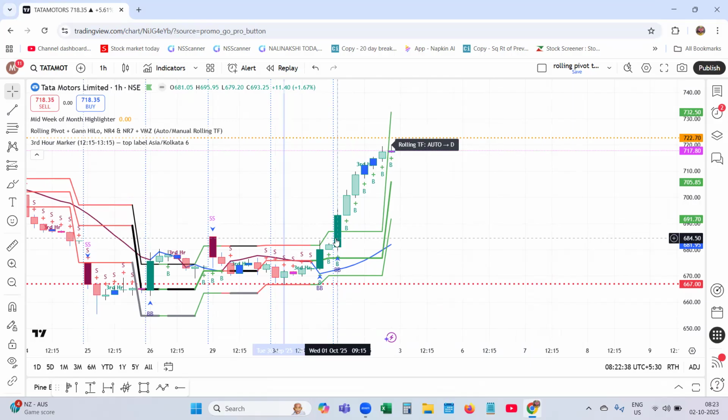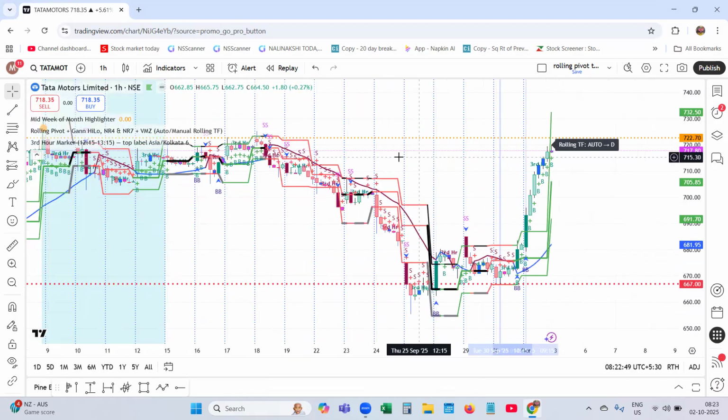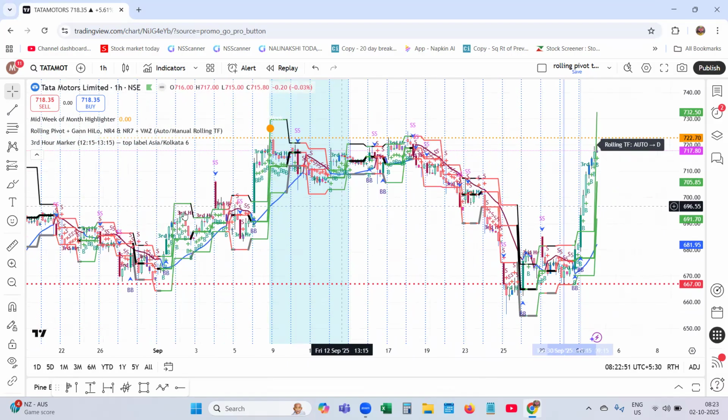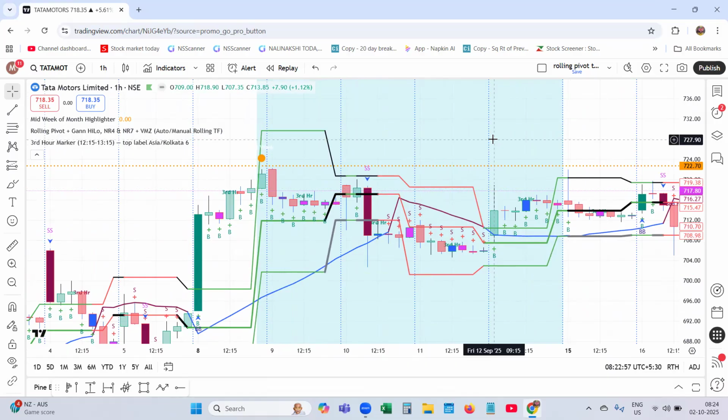Okay, that is one thing, and it alerts you through these color changes. Here I will go to another indicator. The blue color indicator is the midweek of the month highlighter. That is a separate indicator that I have coded.